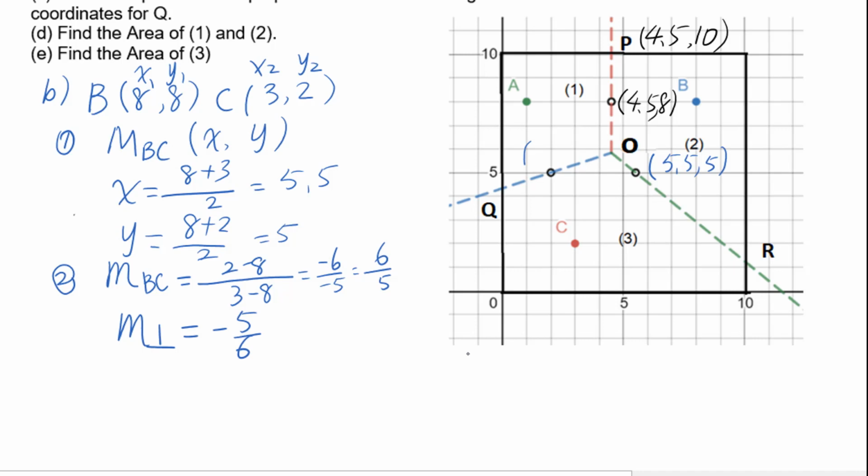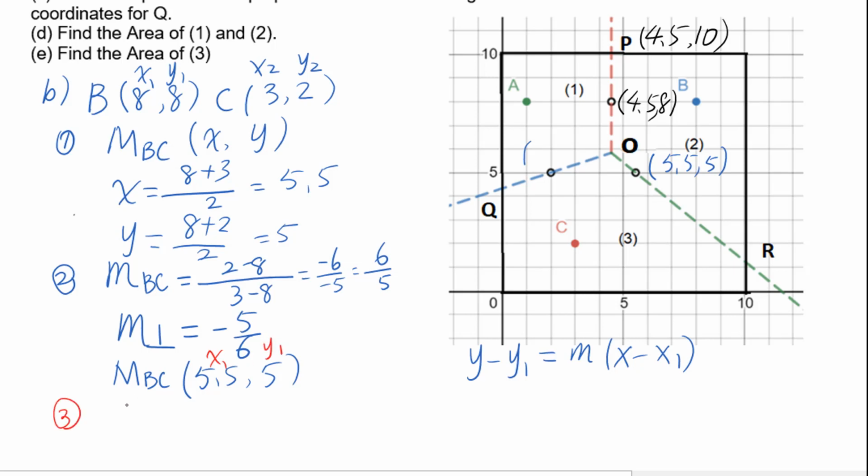Remember the linear function y minus y1 equals slope times (x minus x1) to write down the equation of a perpendicular bisector. We already got the midpoint of BC. That is (5.5, 5). Let's label this as x1, y1.